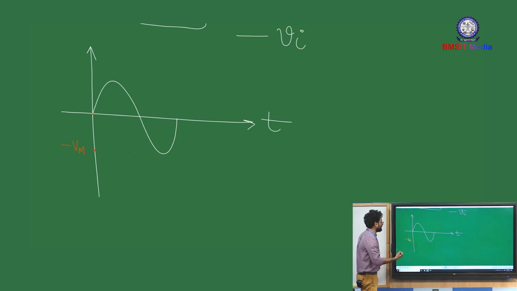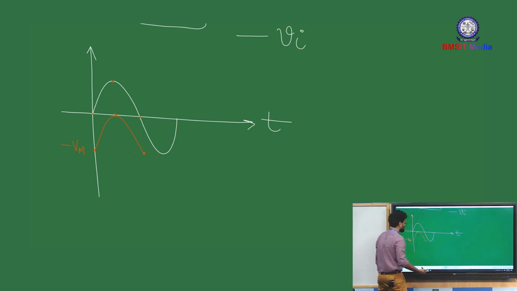And when your input reaches plus Vm for the positive half cycle, your output reaches 0 volt. Once again, when your input reaches 0 volt, output stays at minus Vm volt. So you can draw the waveform. This is the positive half cycle of the output waveform.